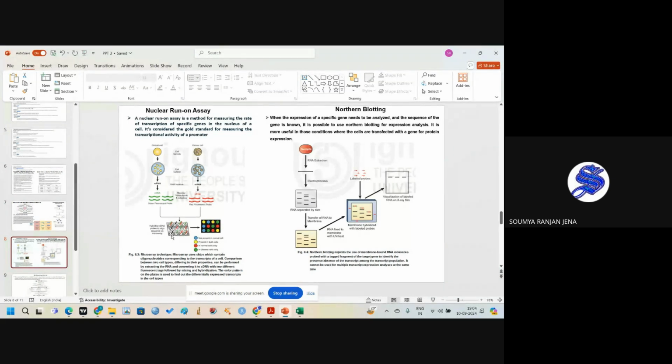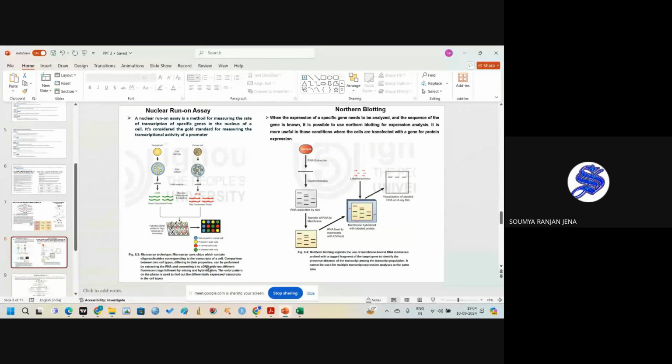Here in black color, we know the known sequence of this gene, and if the red color binds to a particular known gene in the microarray, we will know that this gene binds to a particular sequence in the microarray, and it will give the overexpression or underexpression pattern of that particular gene by the hybridization technique.